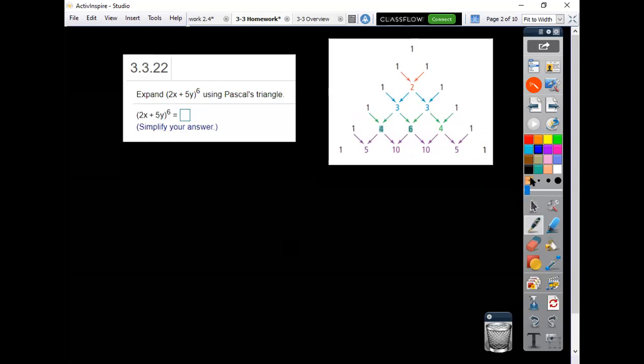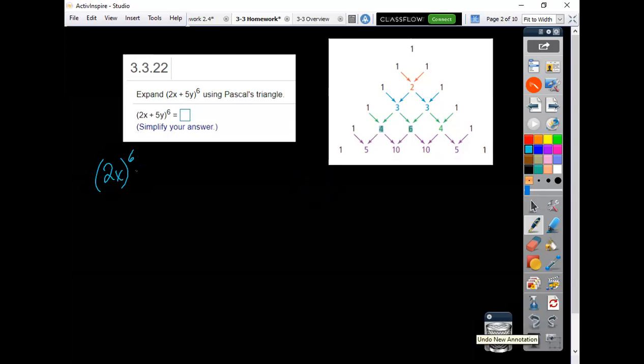That means on the left I'm going to have a 2x to the 6th, and over here on the end I'm going to have also a 5y to the 6th, and then everything in between has to decrease by the degrees here.